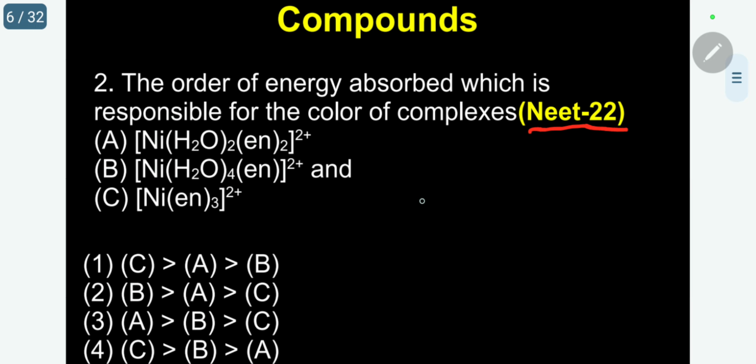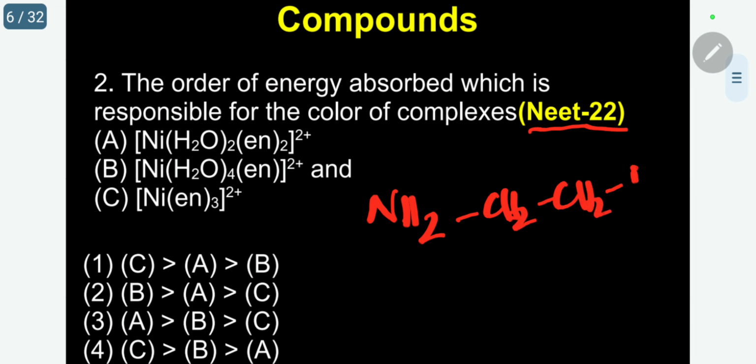En means ethylene diamine. In coordination chemistry, ethylene diamine is written in the short form en. So en twice.